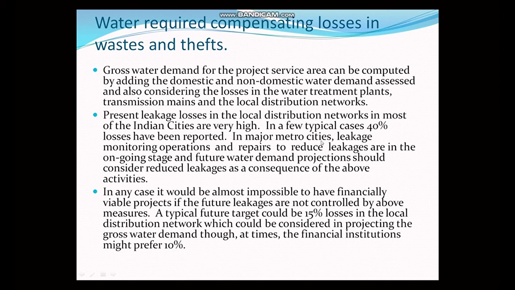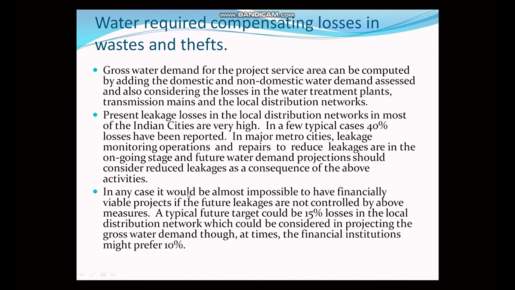In major metro cities, leakage monitoring operations and repairs to reduce leakages are in the ongoing stage, and future water demand projections should consider reduced leakages as the consequence of the above activities.